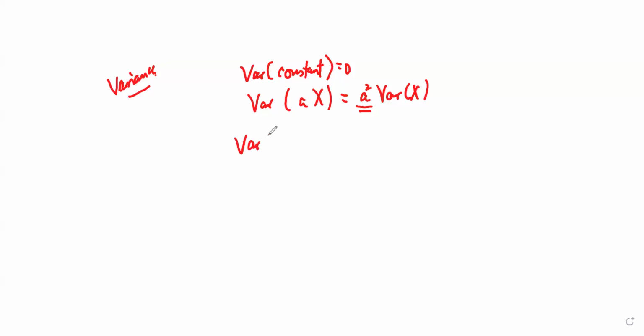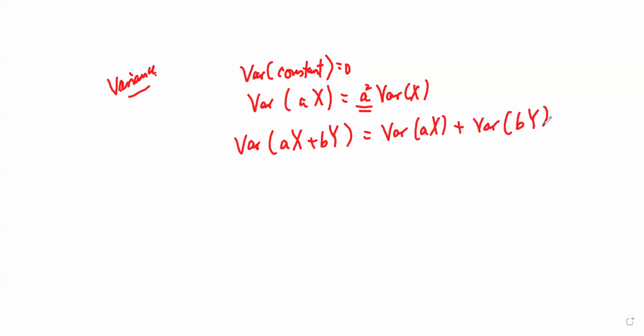With that in mind, the variance of ax plus by will give you the variance of ax plus the variance of by, so that will give you a squared variance of x plus b squared variance of y.